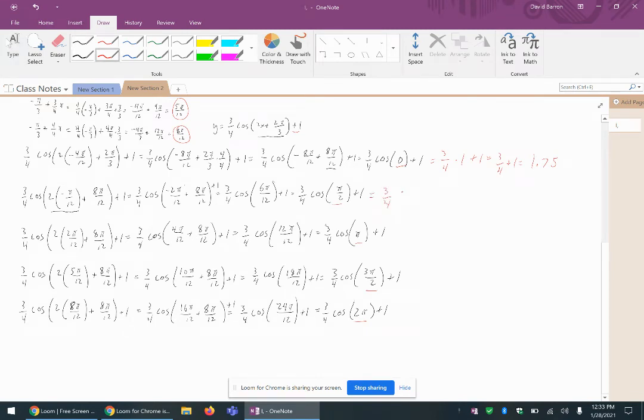Cosine of pi over 2 is 1. No, sorry, cosine of pi over 2 is 0. Cosine of pi is -1. Cosine of 3 pi over 2 is 0.